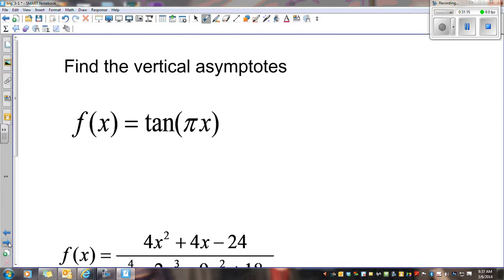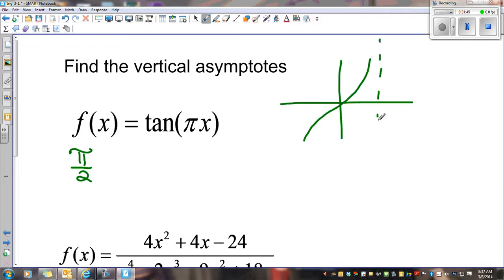Find the vertical asymptotes. We know tangent has problems. All right, guess. What do you think it is? Pi over 2, plus 2 pi n, plus pi over 2. In his brain, he's thinking, I know the normal tangent graph goes like this.